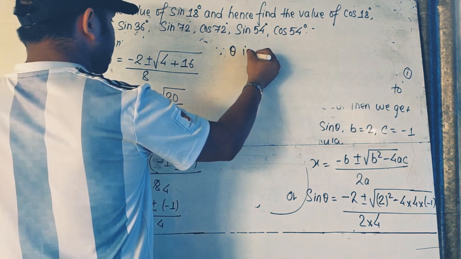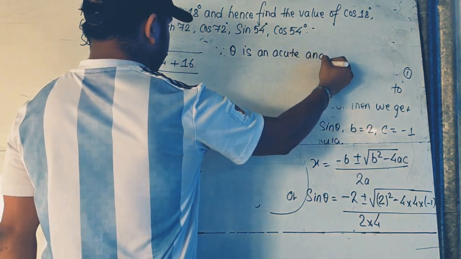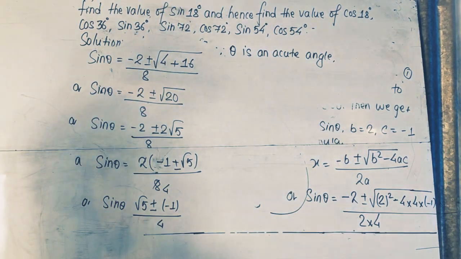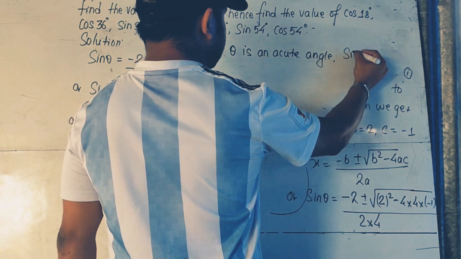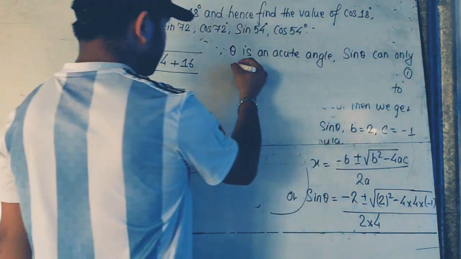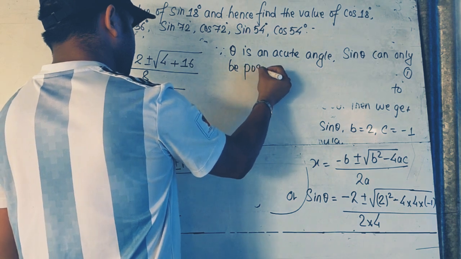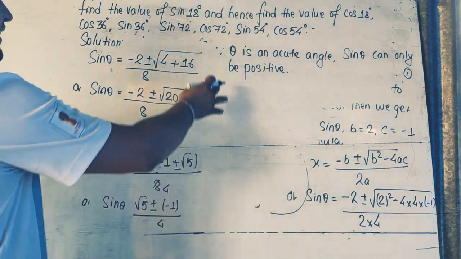Since theta is an acute angle, the value of sine theta can only be positive. So we can write that sine theta can only be positive. This is the reason why we take only the positive sign, because theta is an acute angle.